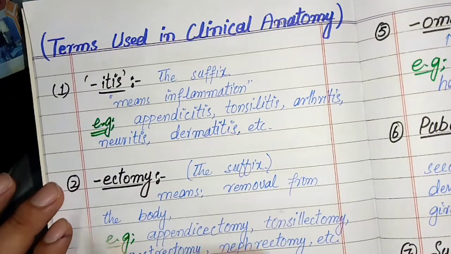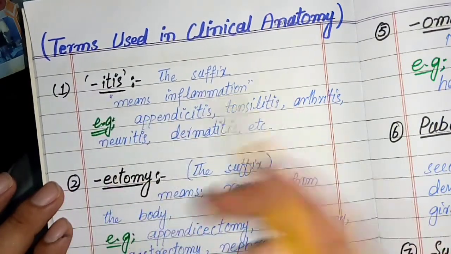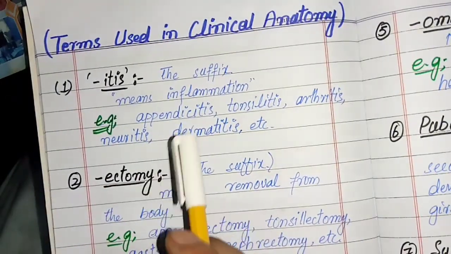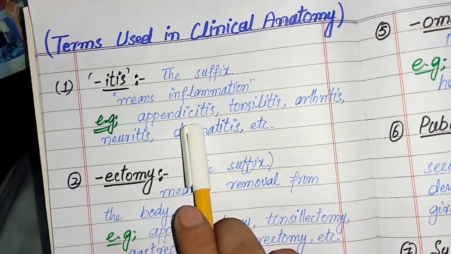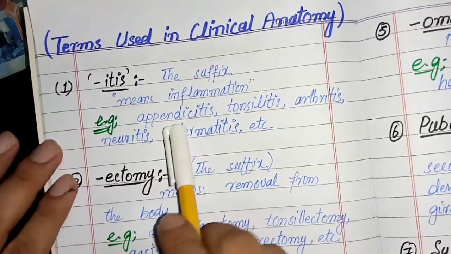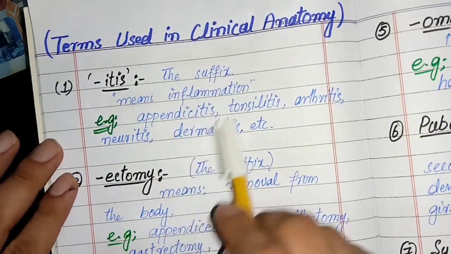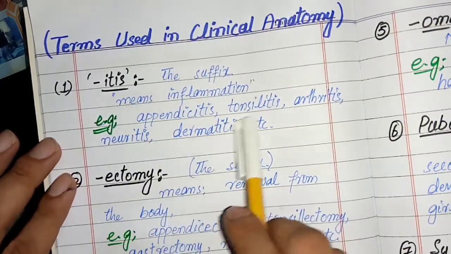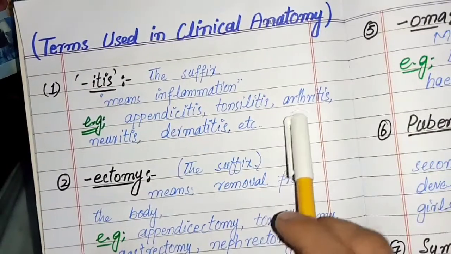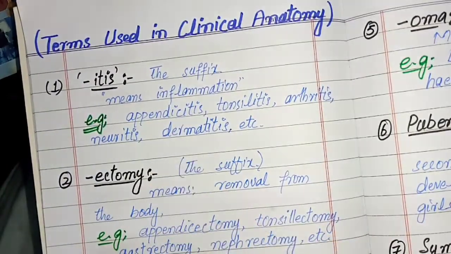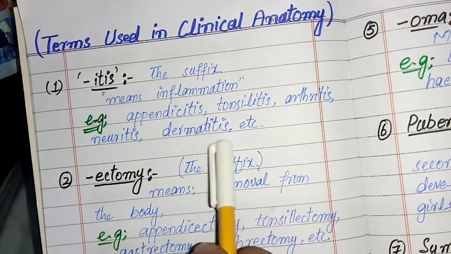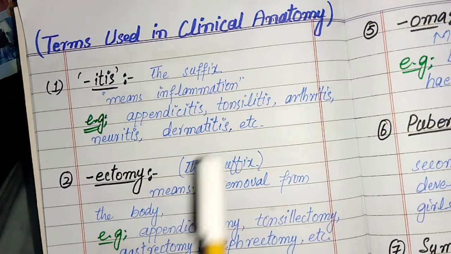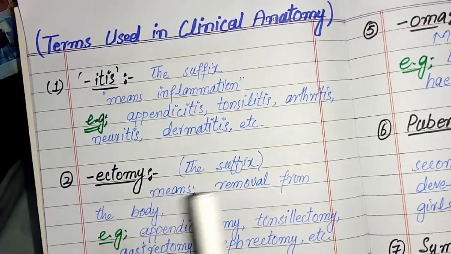A suffix usually comes at the end of a word. Itis means inflammation. Examples are appendicitis, where appendix is the word and itis comes at the end, meaning inflammation of the appendix; tonsillitis, inflammation of the tonsil; arthritis, neuritis and dermatitis. Wherever you see itis at the end of a word, it means they are talking about inflammation.